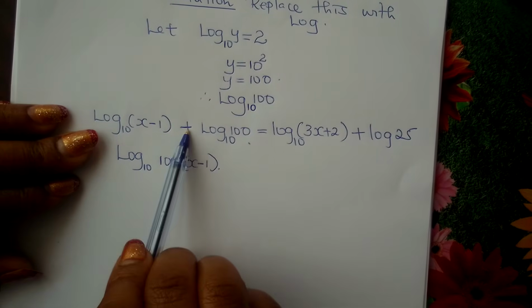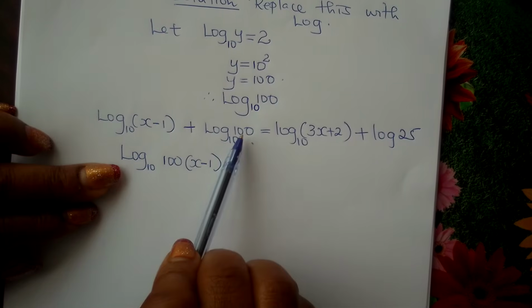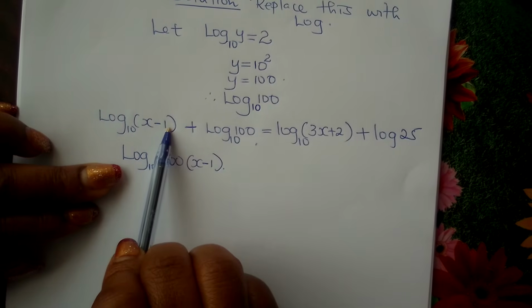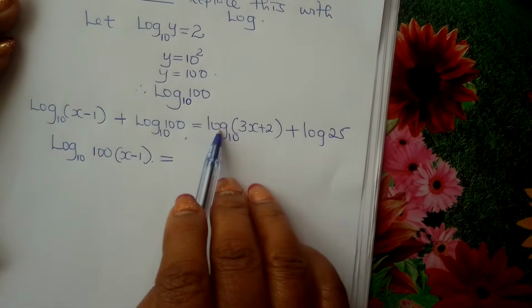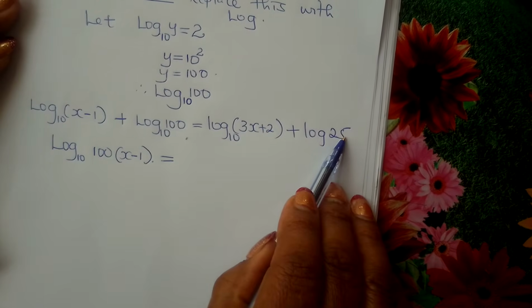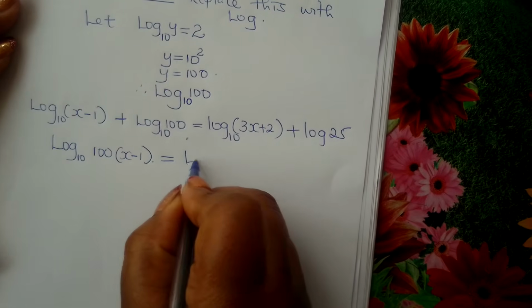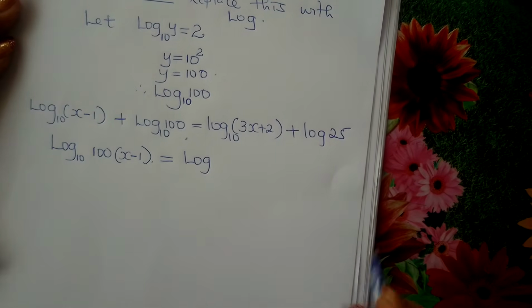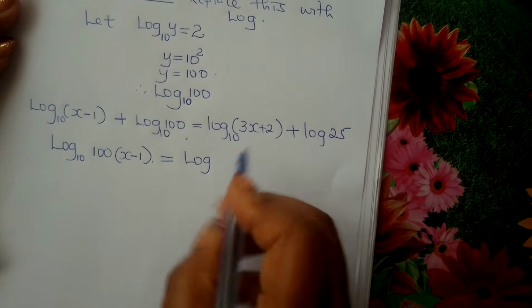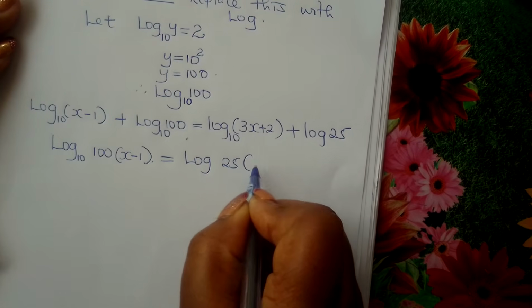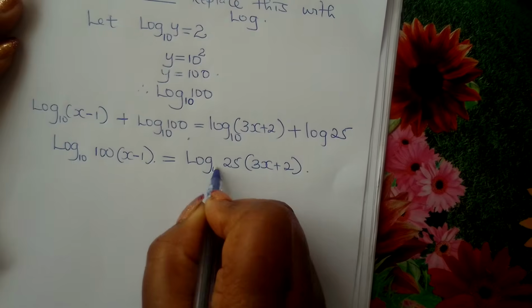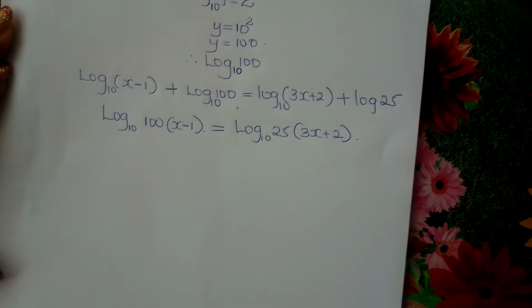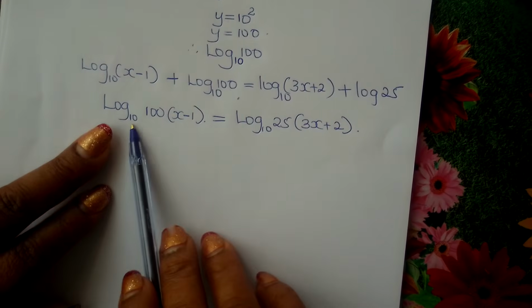Therefore, you move to the other side, you do the same. Log of this plus log of this, you write 1 log, then you multiply these 2 terms. So 25 in brackets, 3x plus 2.